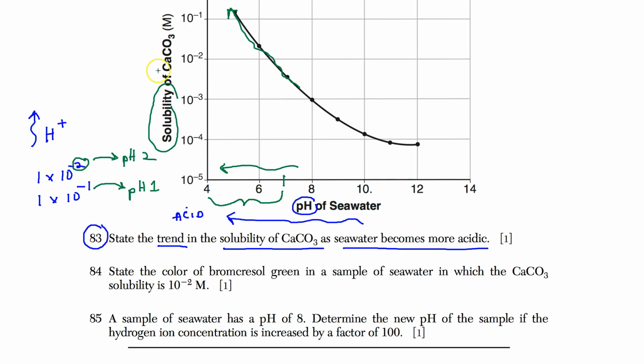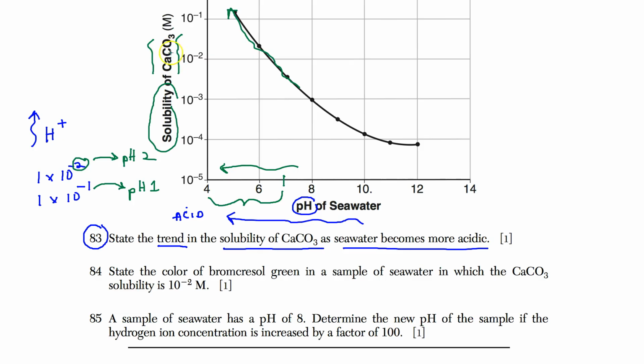Unfortunately, calcium carbonate is a main component in seashells and coral reefs. As we produce more CO2 in our environment, that CO2 gets absorbed by our oceans. Our oceans get more acidic, and we're actually starting to dissolve coral reefs and other marine aquatic animals that require the safety of this normally insoluble precipitate.